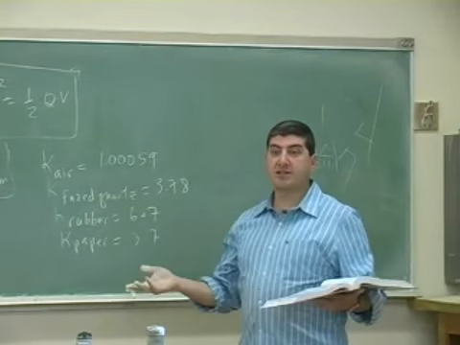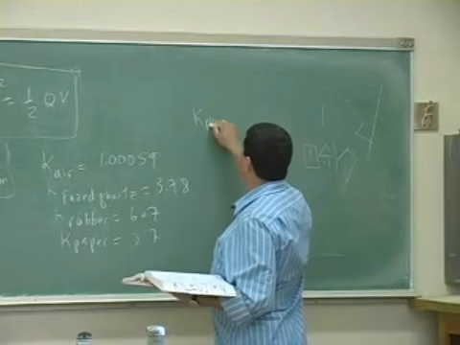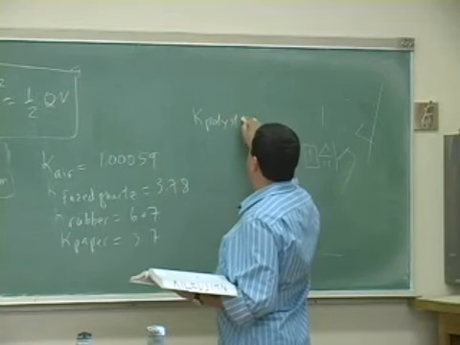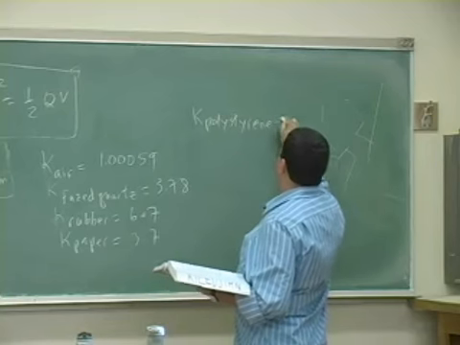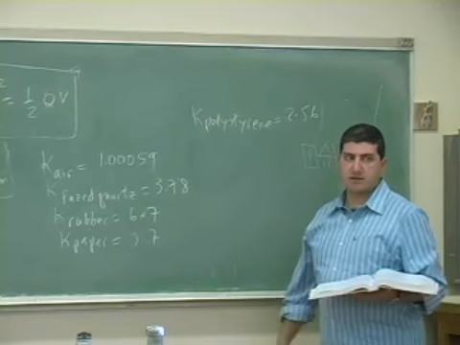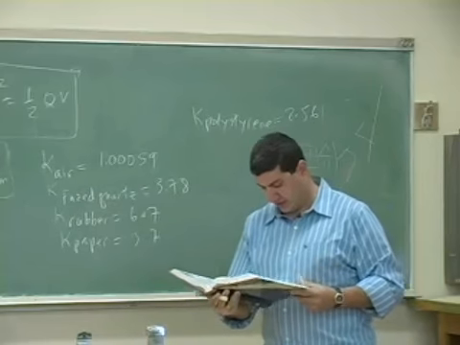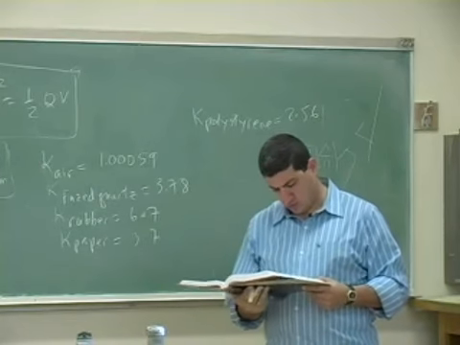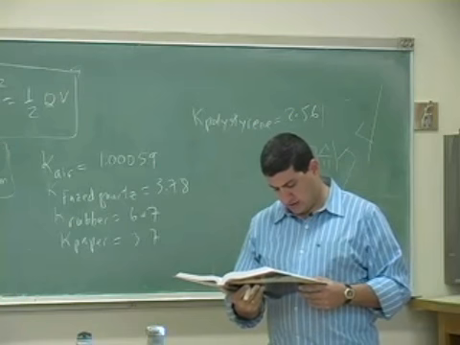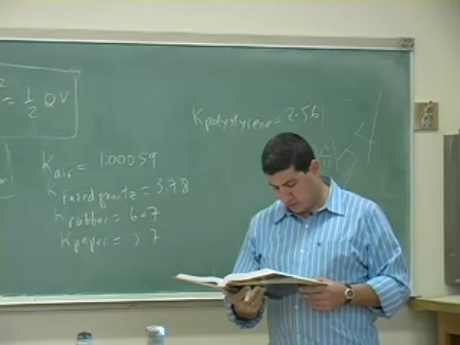Polystyrene, which is what we did in the lab, right? 2.56. But we didn't actually get 2.56. We got something a little less than that, right? Some groups got 2.2. And let's see here. What's the biggest one?